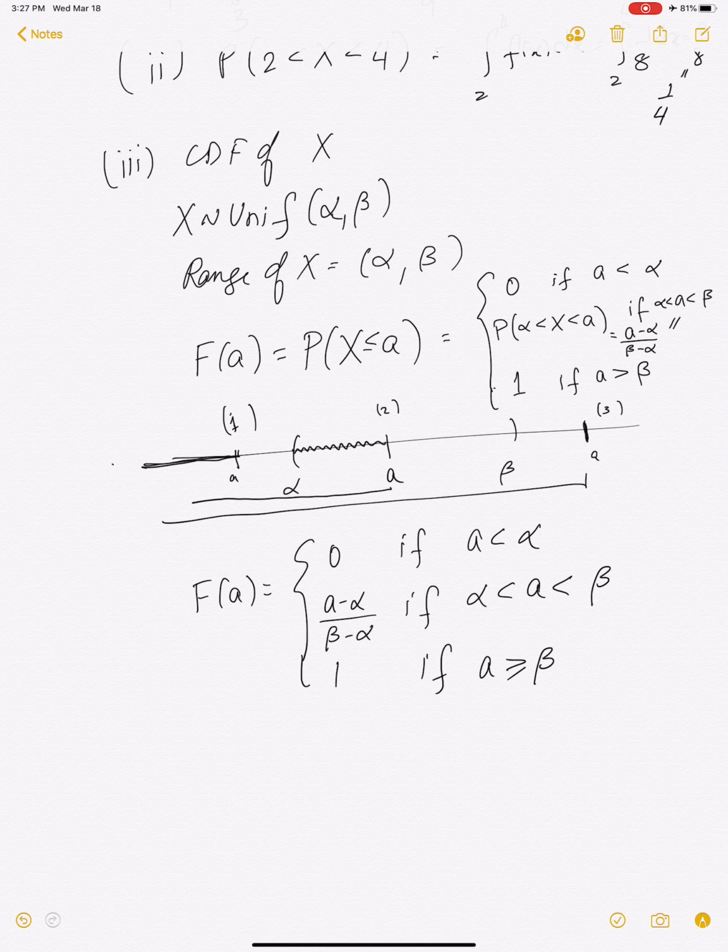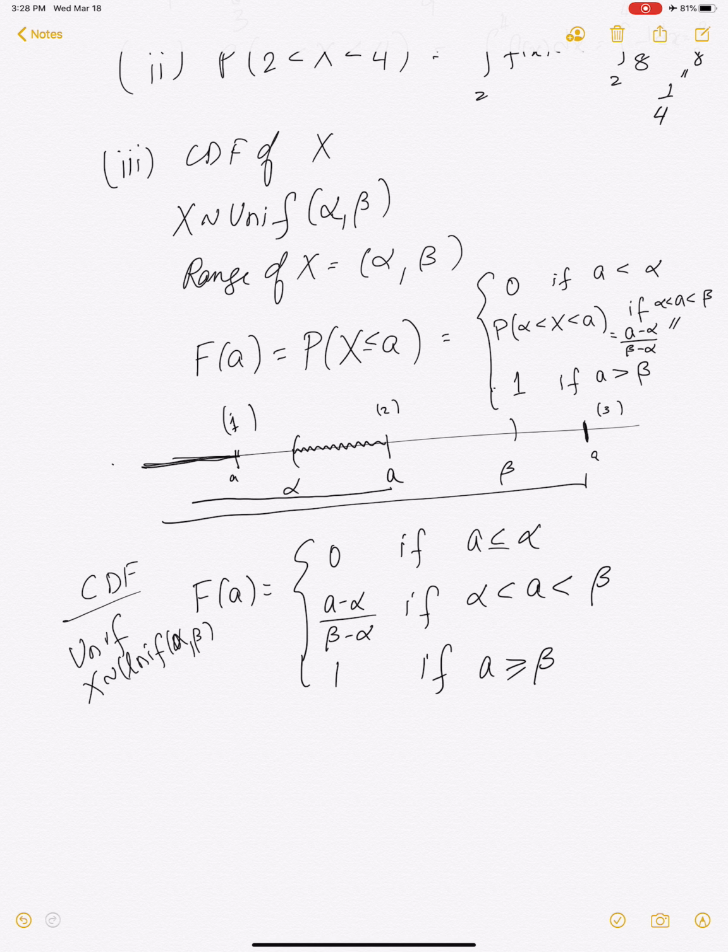You can put equality in any one of those places that you want. This is the CDF of a uniform random variable. When you differentiate it, you will get the appropriate PDF: the same 1 over (beta minus alpha) there, 0 here and 0 here.